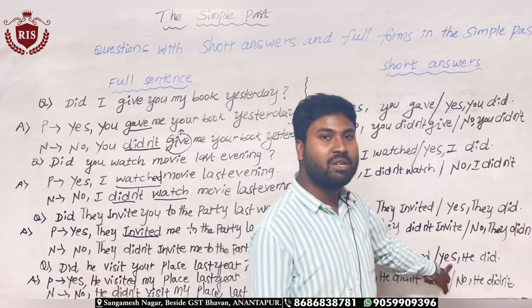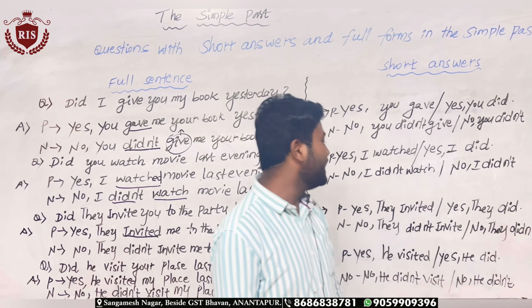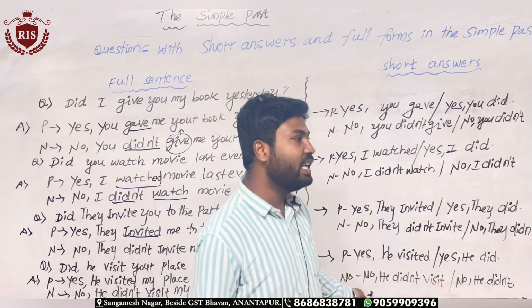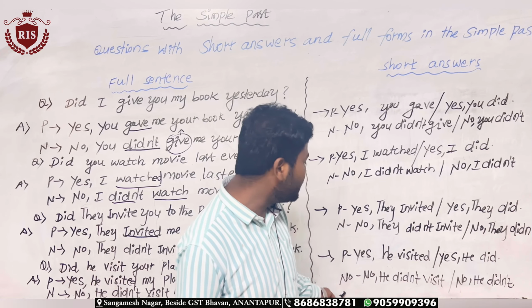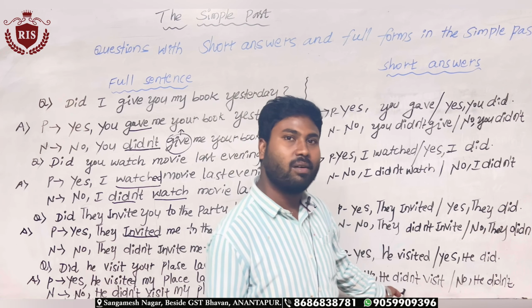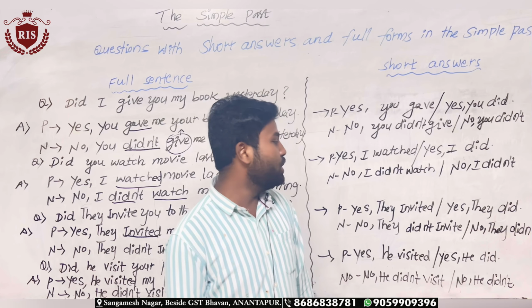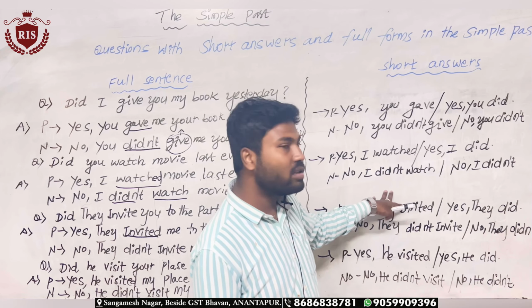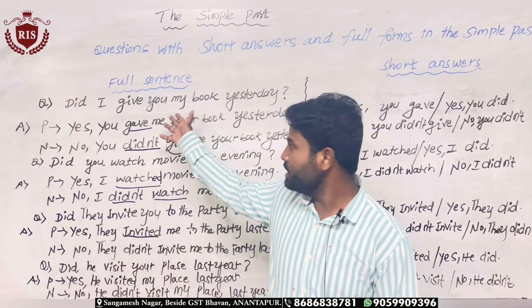The other way to answer in short form is yes, he did. And the negative short answer to that question is no, he didn't visit. The other way is no, he didn't. These are the short answers to the same questions.